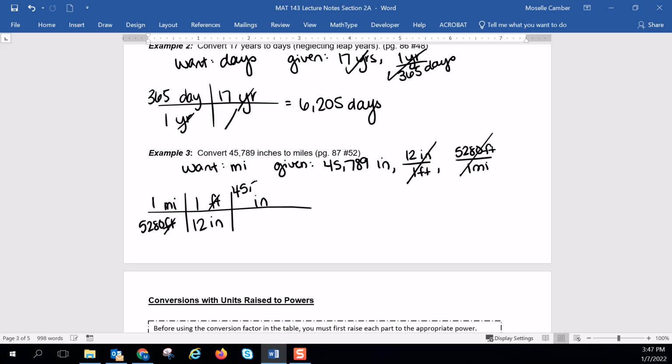So 45,789 inches, and it's just a measurement, so there are no units with it. So my inches canceled out, feet cancel out. The only units I have left are miles, which is what I want.